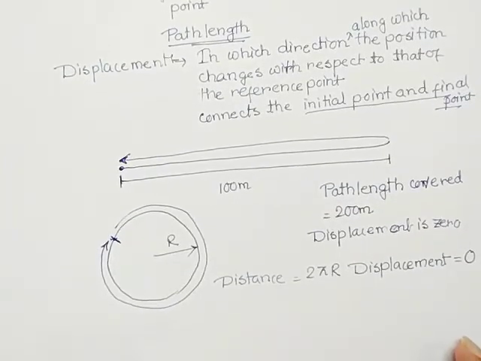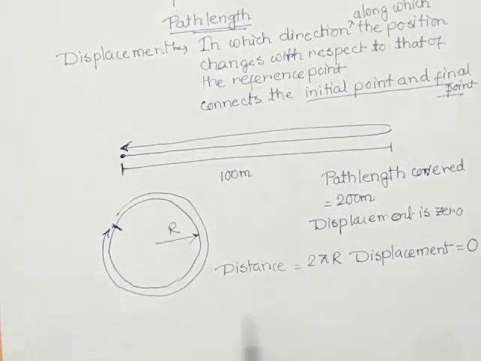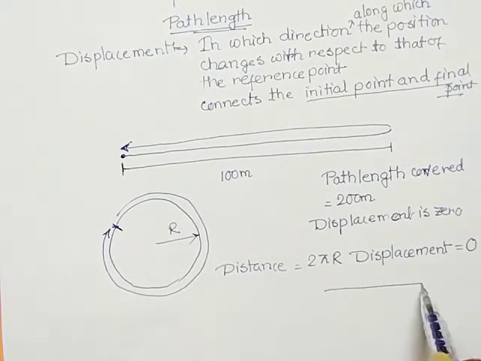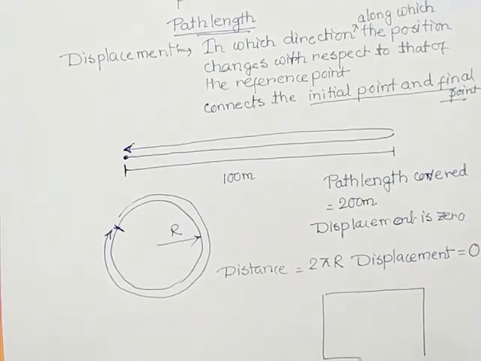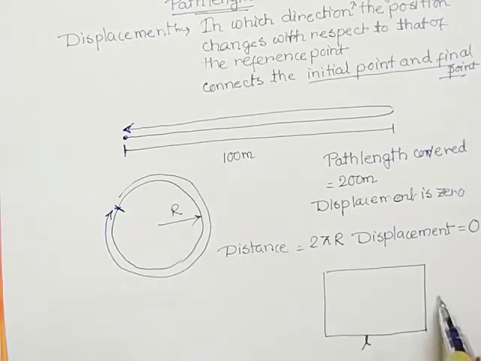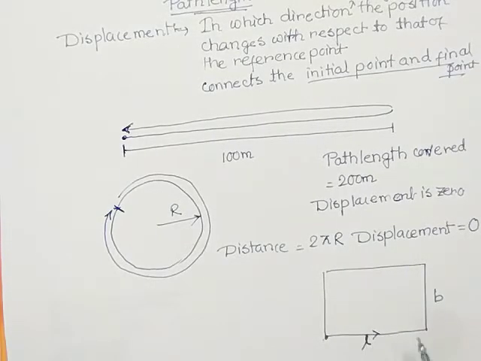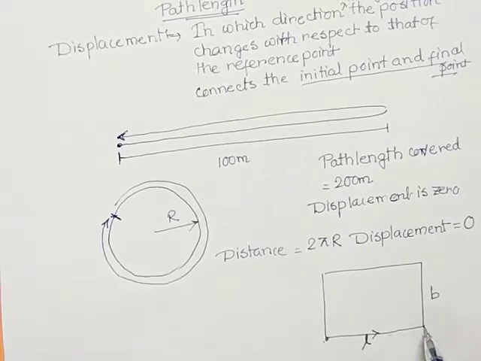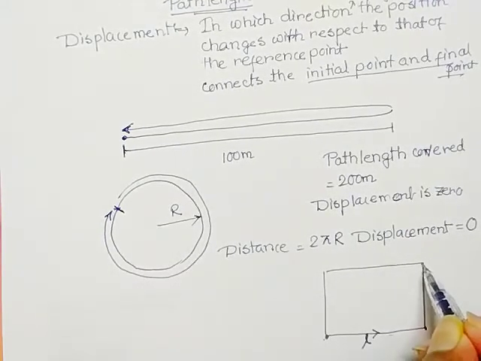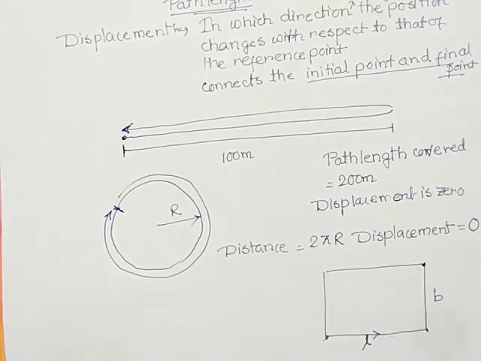Now if I consider another scenario, just look at this rectangular field of length L and breadth B. If an athlete starts running, going over this periphery and reaches this diagonally opposite point, what is the displacement here, what is the distance here?